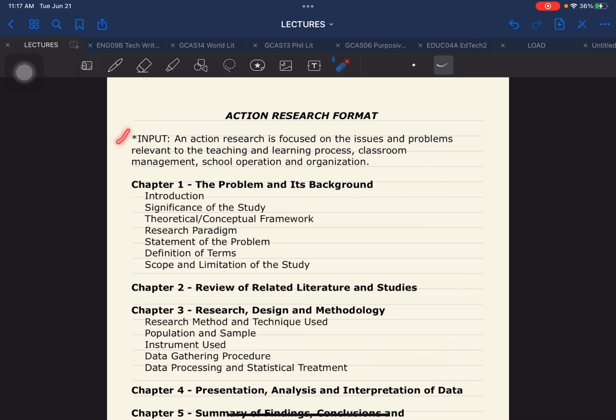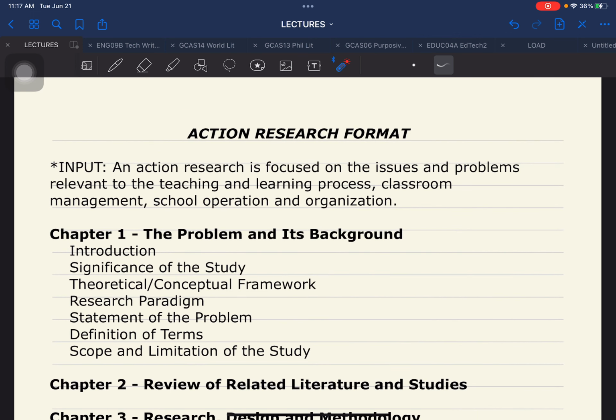So in terms of input, an action research is focused on the issues and problems relevant to the teaching and learning process, classroom management, school operation, and organization. So again, if you're going to compare the focus of an action research to the focus of a full research, a full research format is usually personalized.